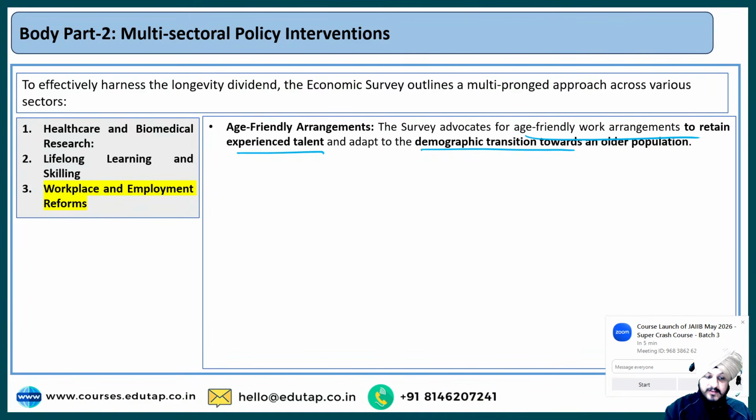It says that, as a part of the organization, as a part of the work culture, we need to have age-friendly arrangements. Age-friendly arrangement means that, for example, if there are some older workers who cannot do everything because of their age, right? They cannot work after a certain age.